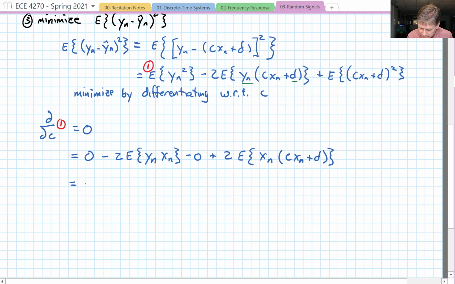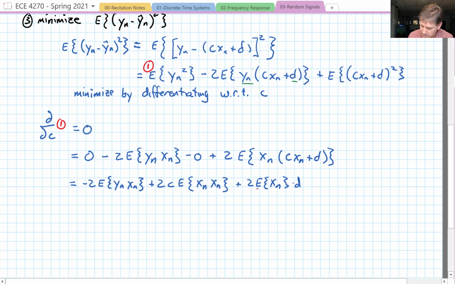So this is going to be negative 2 times the expected value of y[n]x[n], plus 2 times the expected value, and let's divide up this last expression, we can pull the c out, of x[n] x[n], plus 2 times the expected value of x[n] times d.